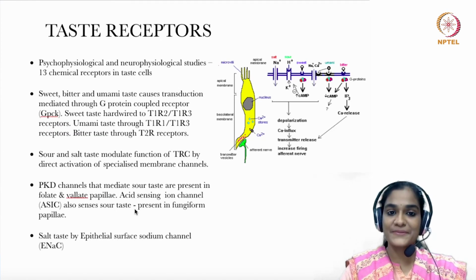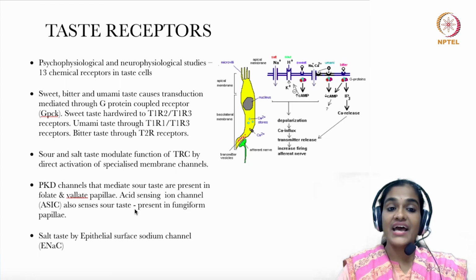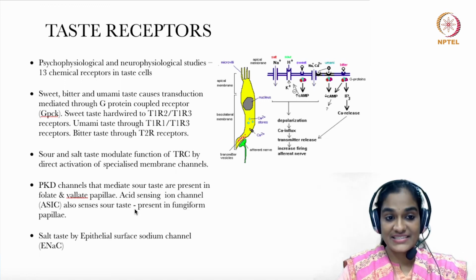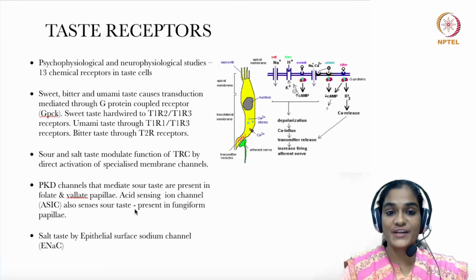The taste receptors are the chemical receptors which are studied in the taste cells. There are about 13 chemical receptors in taste cells which are identified. Sweet, bitter, and umami taste cause transduction mediated through G protein coupled receptors.